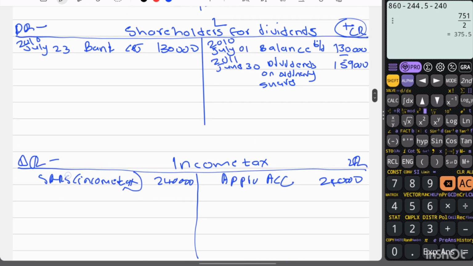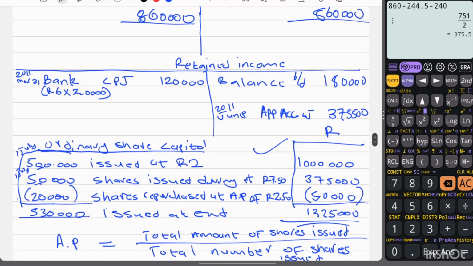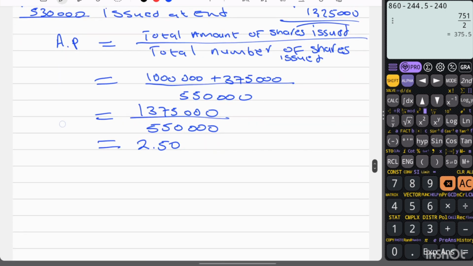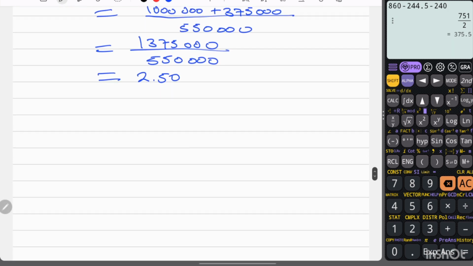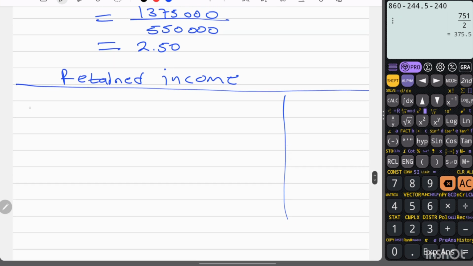Yeah, I think I'm done with everything, guys, but there is something that is very important that I need to do now. I need to do the returned income note. This one is very important. The format goes as follow: balance at the beginning of the year.